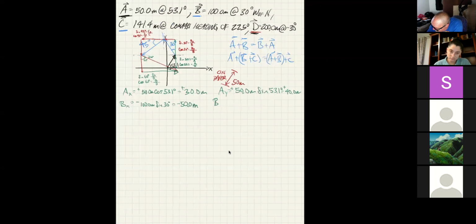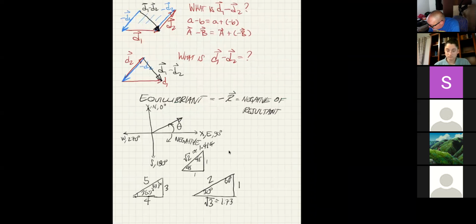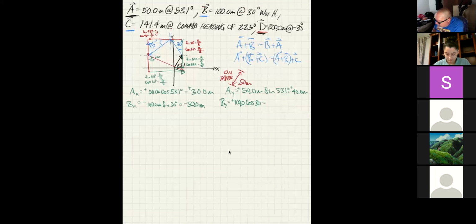And B sub Y, that one's going to be actually positive. So that's going to be 100.0, I'll leave the units off so I can have a little bit more room, times the cosine of 30. If you look, cosine of 30 is 1.73 over 2, or the square root of 3 over 2.